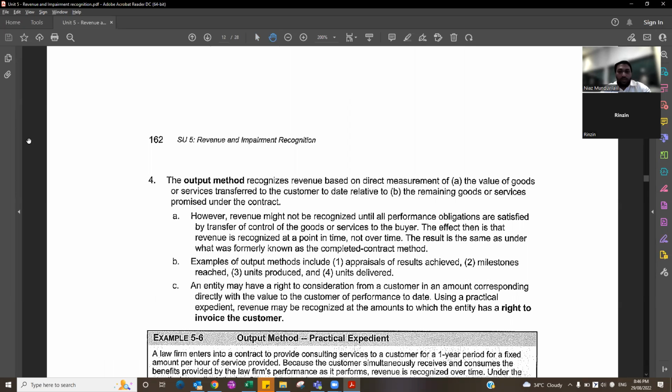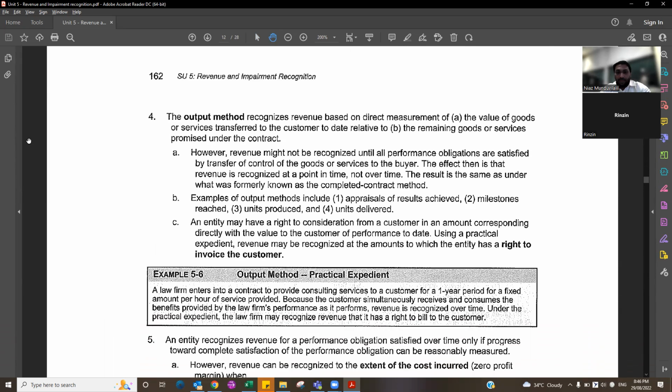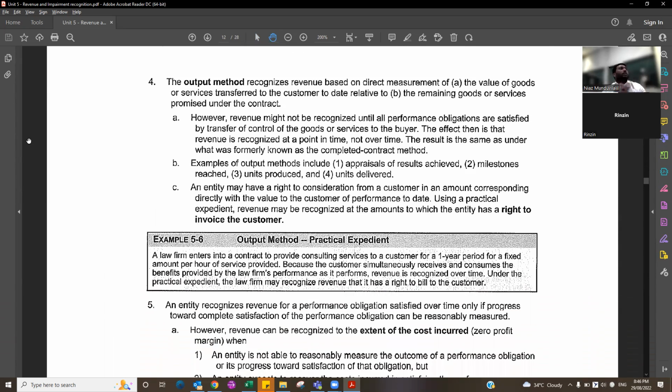Now, next comes output method. Output method recognizes revenue based on the direct measurement of the value of goods or services transferred to the customer to date relative to the remaining goods or services promised under the contract.